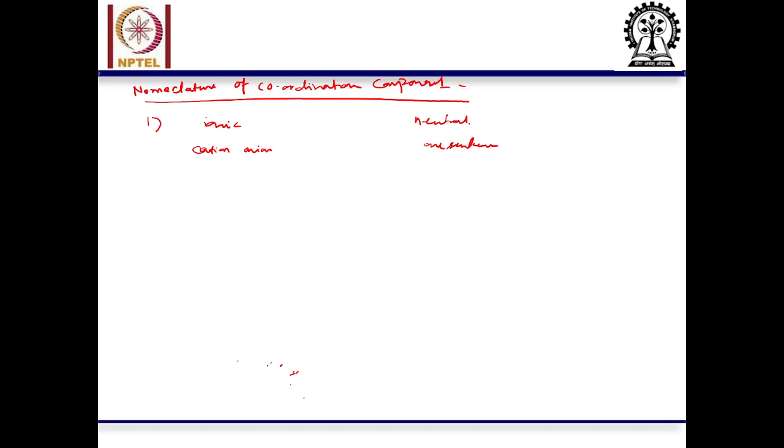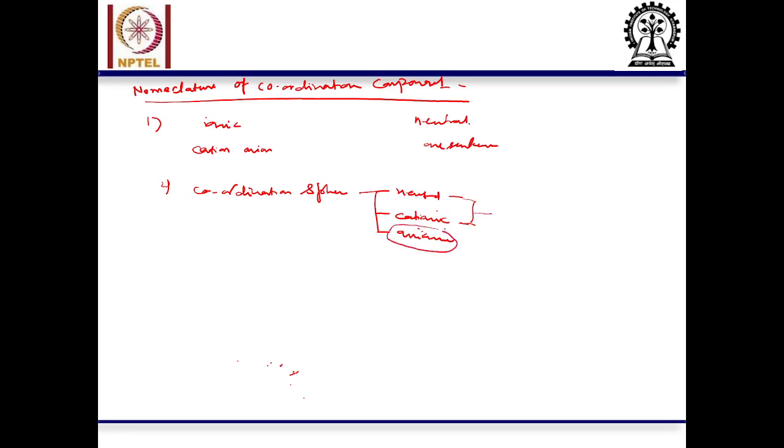Second rule: we have to see whether the complex ion, meaning our coordination sphere, is neutral, cationic or anionic. When it is neutral or cationic, we have the same rule.